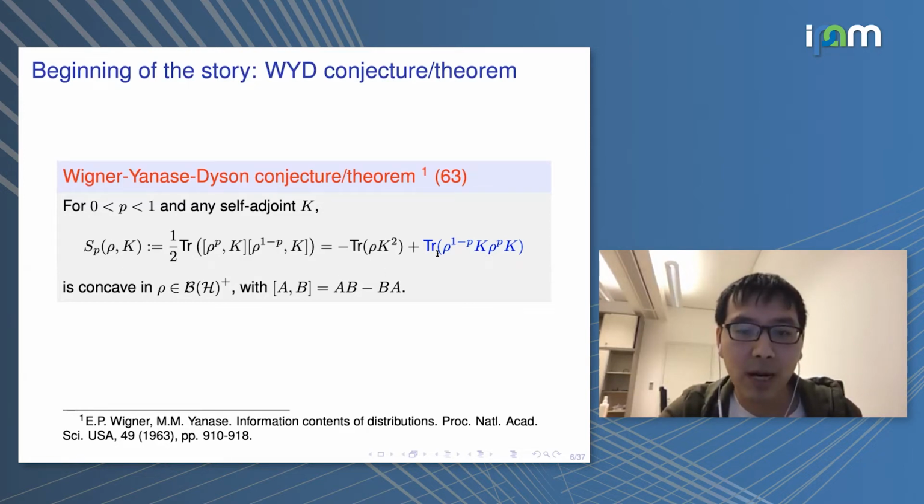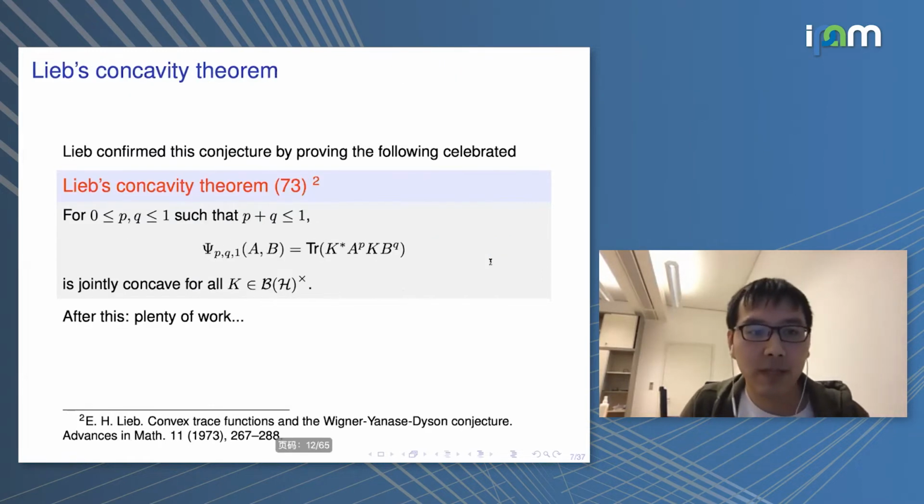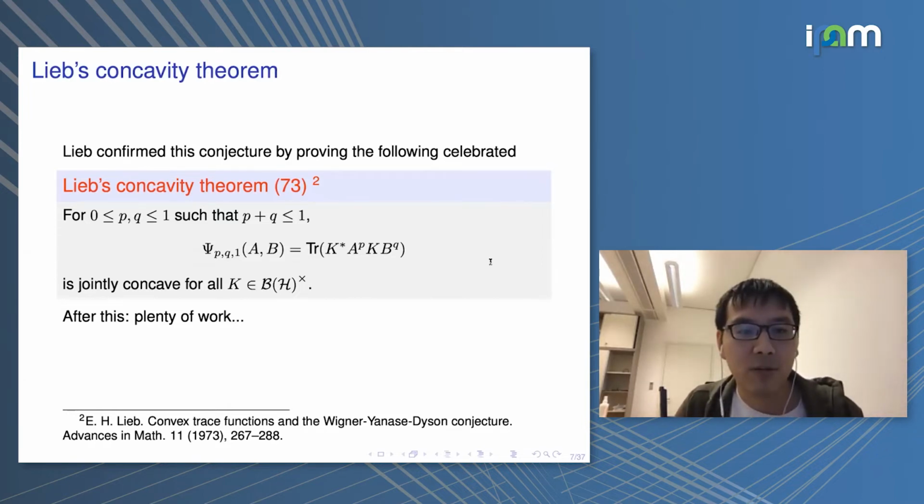So actually, we are asking whether this trace function is a concave function in rho for any K. And this was resolved by Lieb in a very famous paper in 1973 by proving, among many others, the following concavity result. Now we call this result Lieb's concavity theorem.